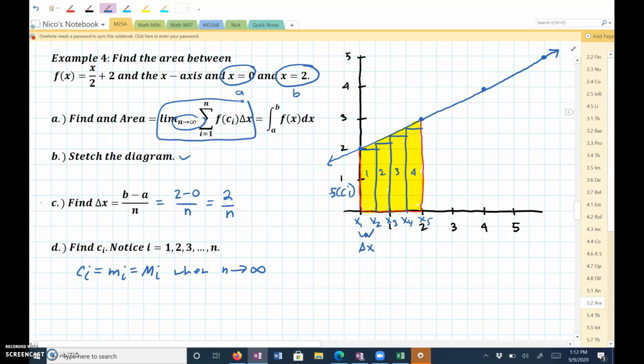So now let's fill in. c sub i is going to be i times delta x, which delta x would be 2 over n. So this would be 2i over n. So now we're ready to use our definition of area, which is the limit as n goes to infinity of the summation when i begins at 1 to n of f of c sub i delta x.